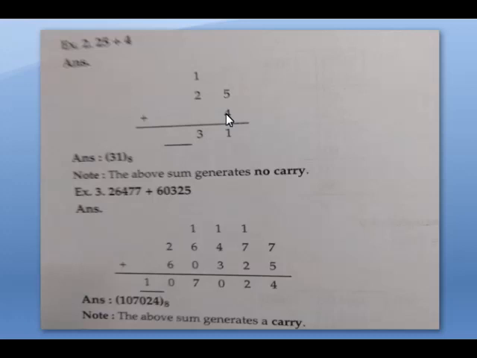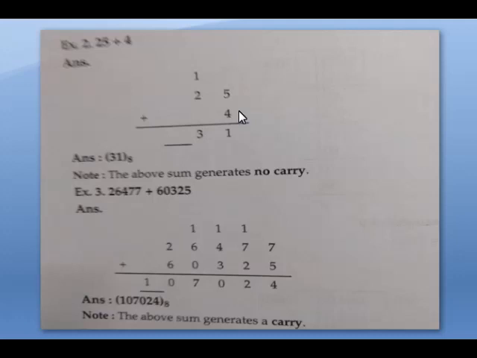After 7 the number is 10, 11, like this it will go till 17. So 5 plus 4 is 9, and 9 means 7 plus 2. 7 plus 2 means, after 7 the next number is 10, then 11.